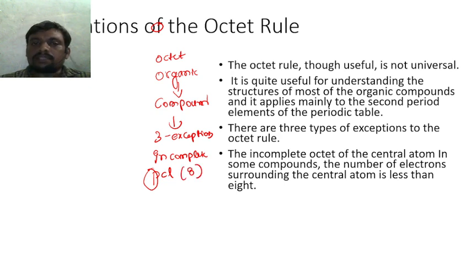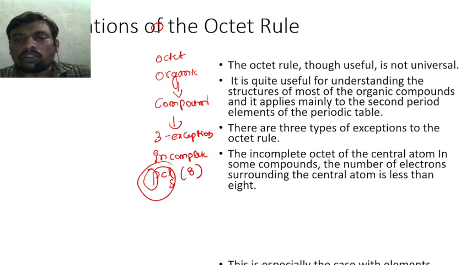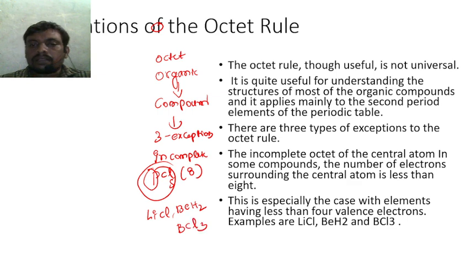PCl5, with phosphorus as the central atom, I have taken as an example, but it is not the best example for incomplete octet. Instead, we have some other elements having less than 4 valence electrons. Examples: lithium chloride, BeH2, and boron trichloride. These are the best examples for this.